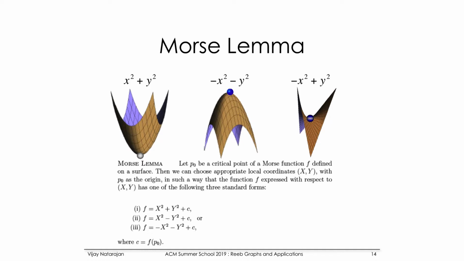Assume that those locations are origin. Try to compute the gradient and the Hessian and see how many negative eigenvalues you get for each case. You will see that for the minimum, the number of negative eigenvalues will be 0.